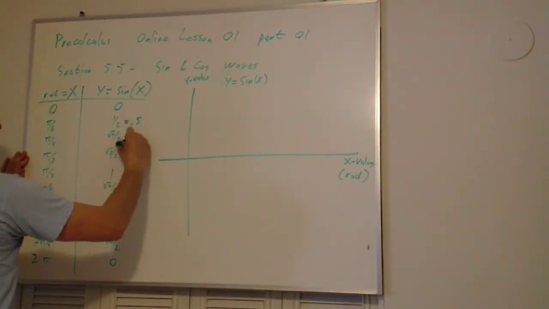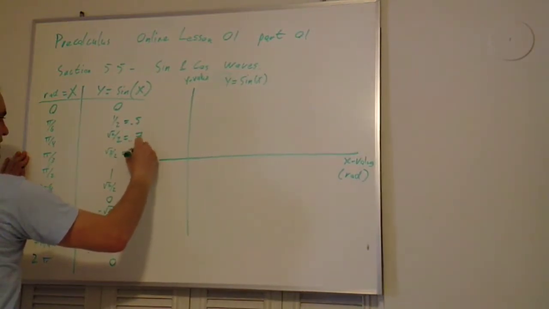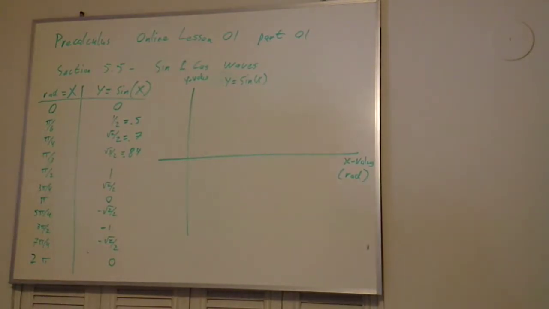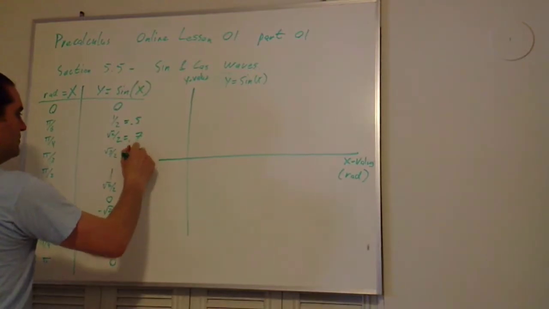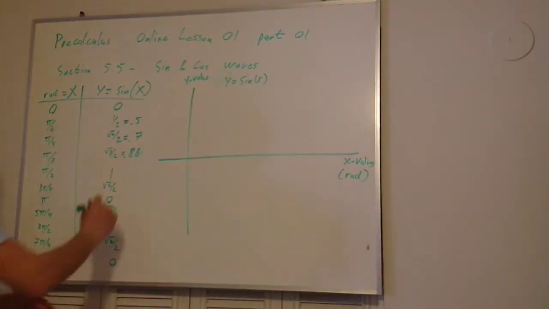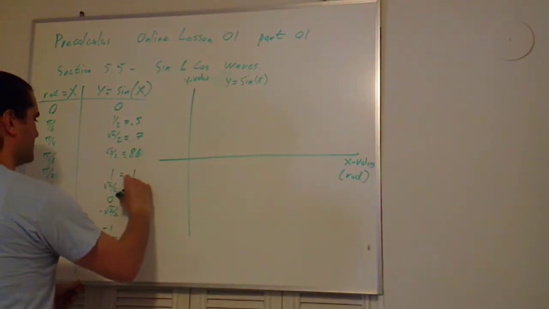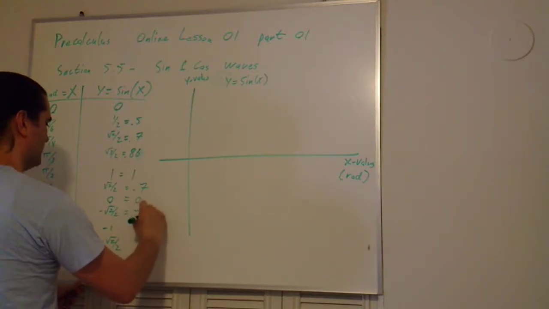Square root of 2 over 2 is about 0.7. And this thing is about 0.84, I think. Maybe it's 0.86. I don't remember. You can look it up. I'm going to go with 0.86. This is 1. This is, again, 0.7. 0, negative 0.7.